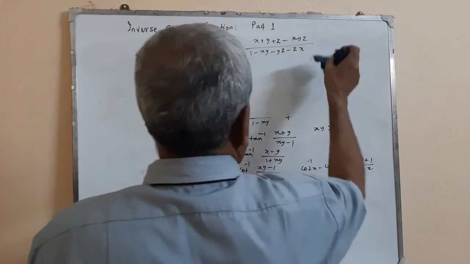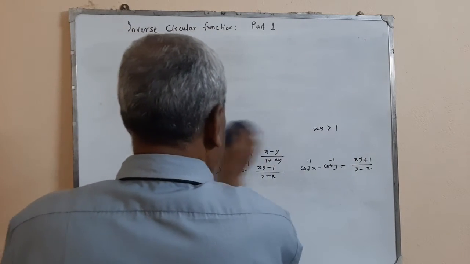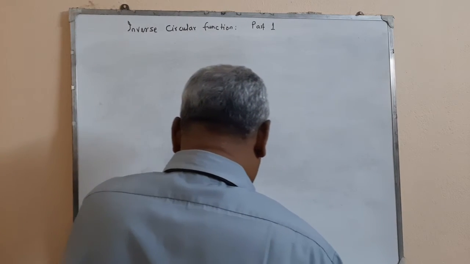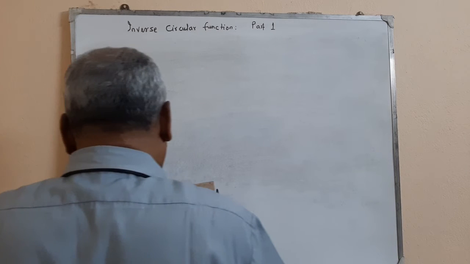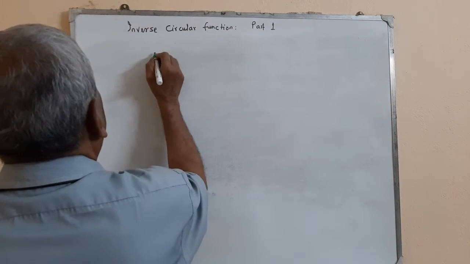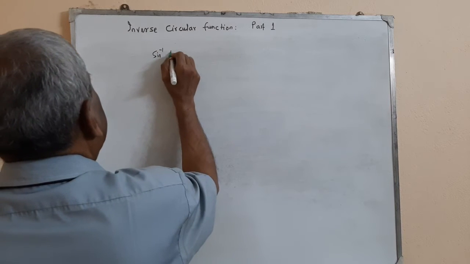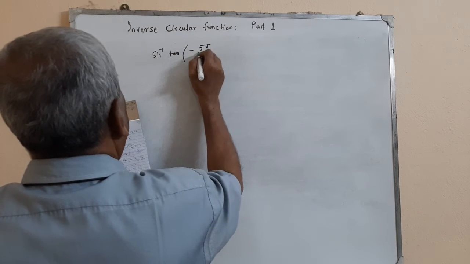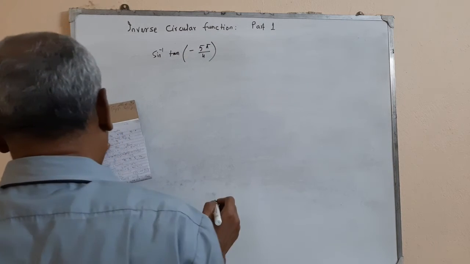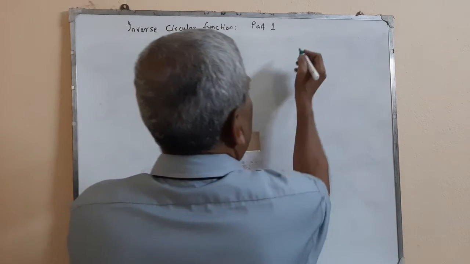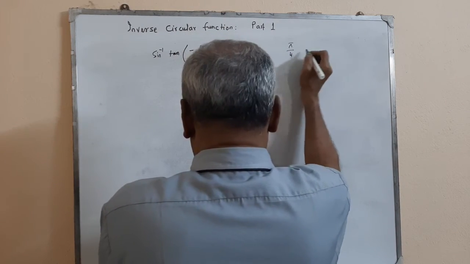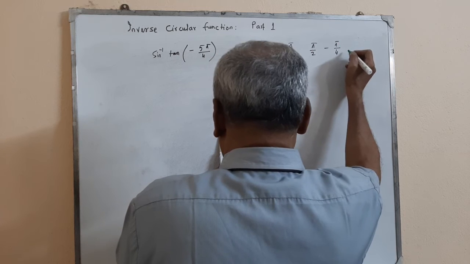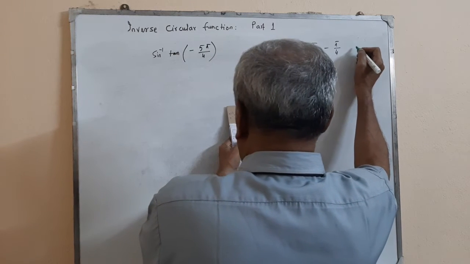So our first problem is to find the principal value of sine inverse tan of minus 5 pi by 4. The options are pi by 4, pi by 2, minus pi by 4, and minus pi by 2.